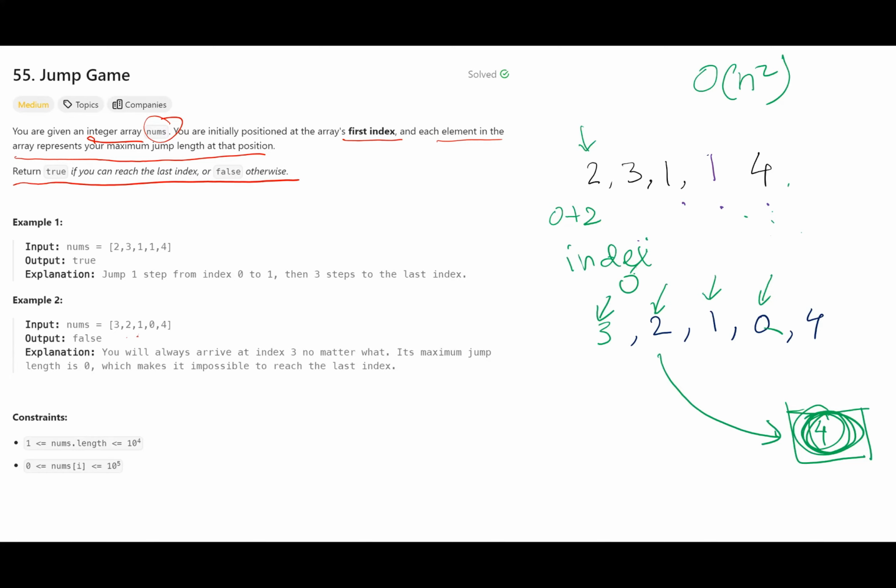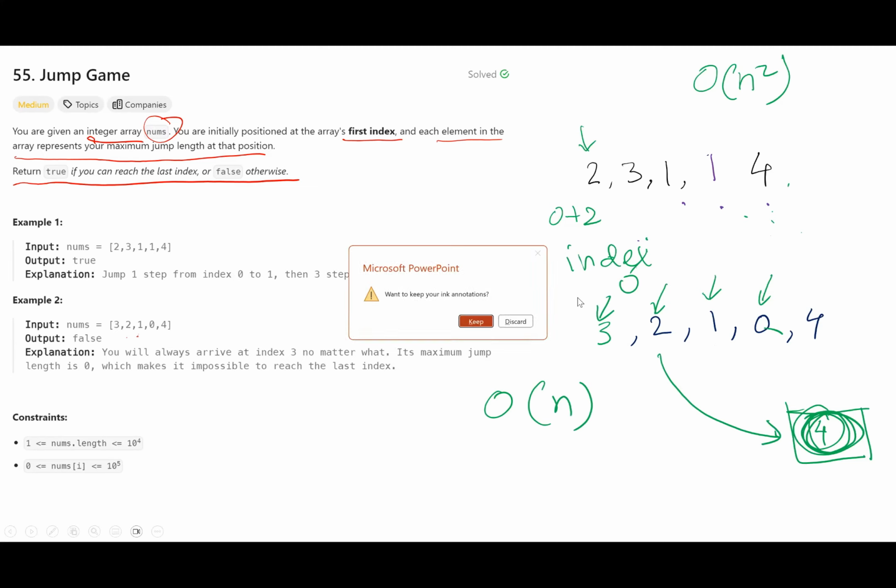In total, I'm going to n spots, doing just n comparisons. So every spot, I'm making one comparison to see if I can get to the nearest good spot or not. That's it. So it's an order of n algorithm. This is the greedy approach, and we're doing it in order of n.